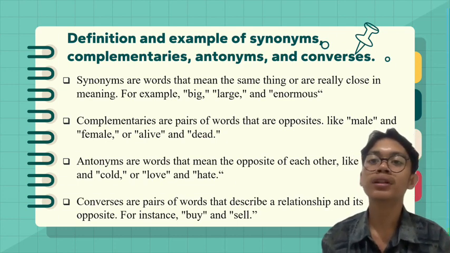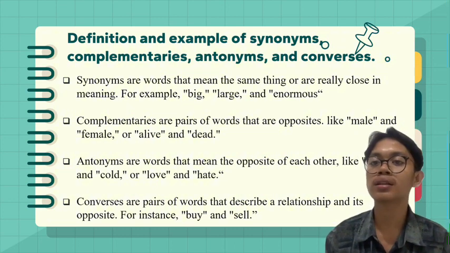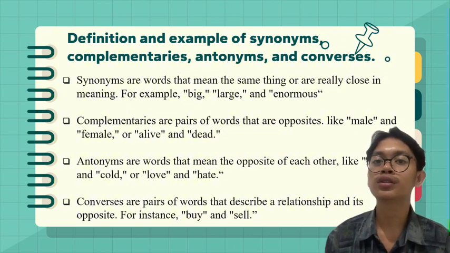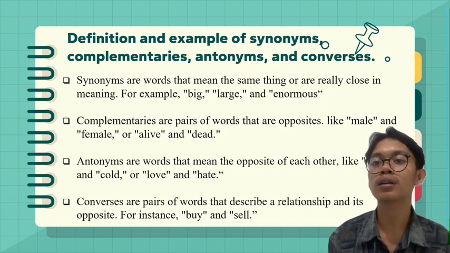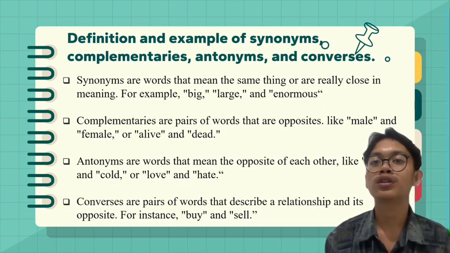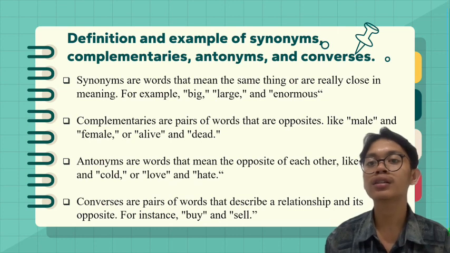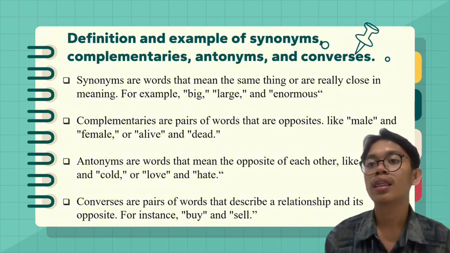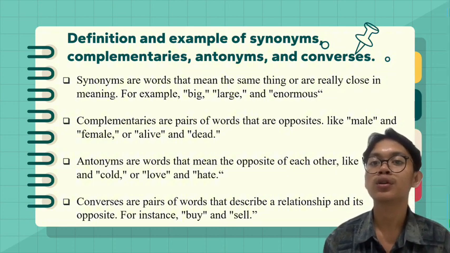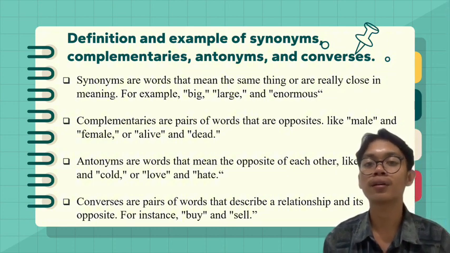And complementaries are word pairs that represent two opposites or complements that divide a particular domain into two mutually exclusive categories. For example, like male and female, or alive and dead. They divide things into two clear categories.